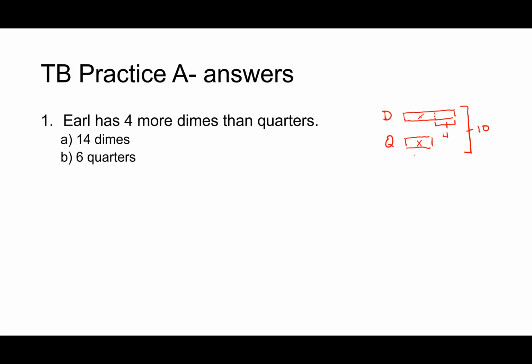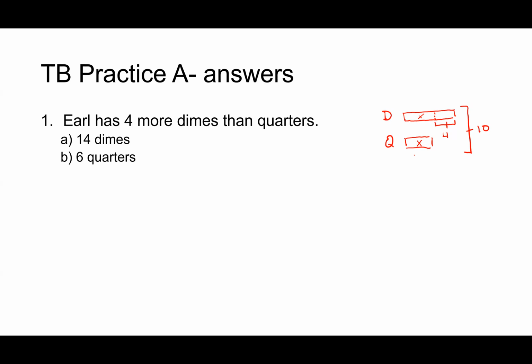8 and 2, that equals 10. So he could potentially have 8 dimes and 2 quarters. But would that fit with our bar model? Does he have 4 more dimes than quarters if he had 8 dimes and 2 quarters?